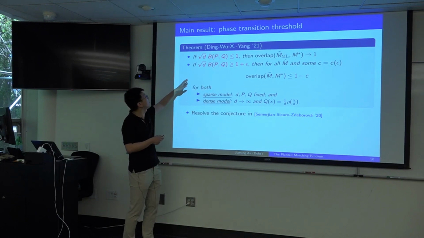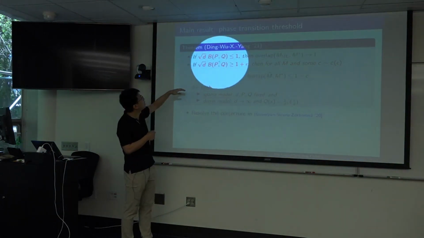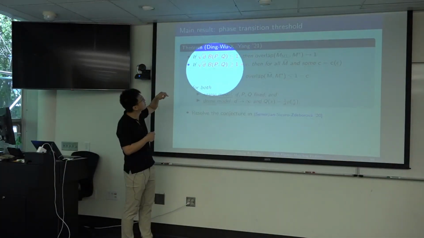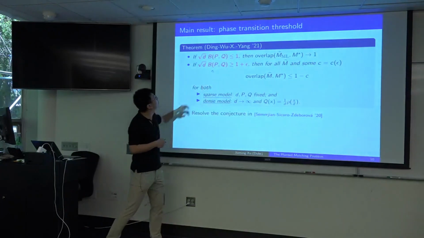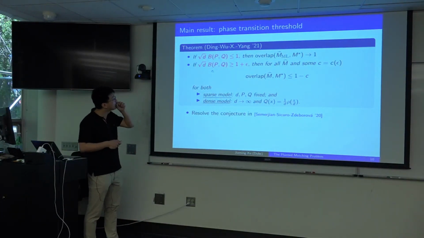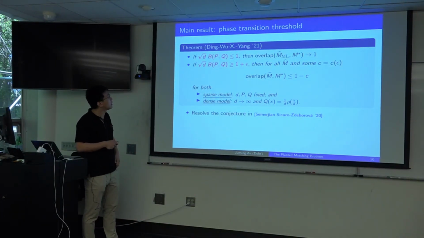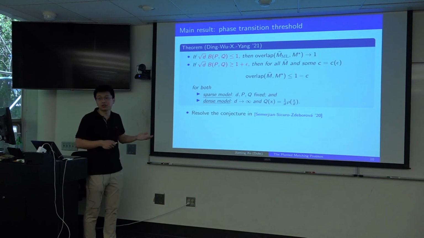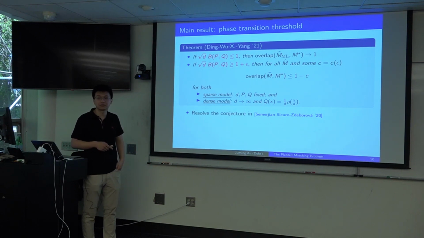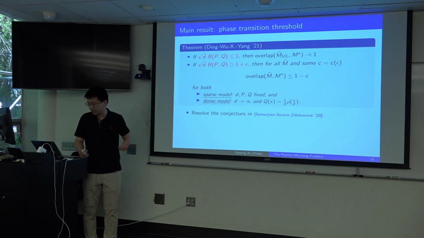Or BPQ can be large, right? Hold on a second. Yes. So you can still, in other words, this problem can still be non-trivial, even if D is a constant. You can still ask about when you can correctly identify almost all the edges.